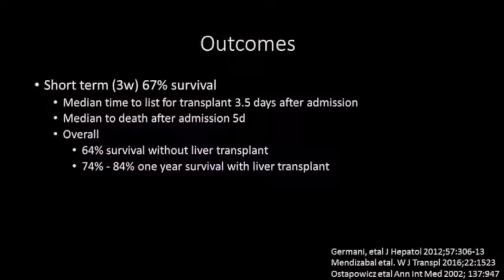Overall, about 64% of these patients will survive without a liver transplant. This is a very, very serious illness. And survival does not necessarily mean that their liver is in good shape. It just means they survive the acute phase. Of those patients who receive a liver transplant, the survival rate at 1 year is in the 74 to 84% range. If you know about liver transplants, this is actually lower than in the United States because these patients are so sick when they receive their liver transplants.